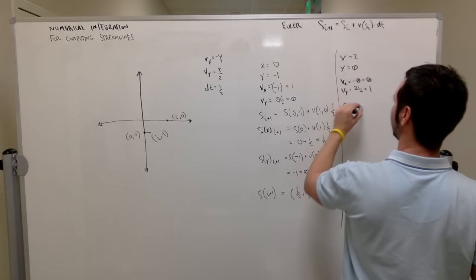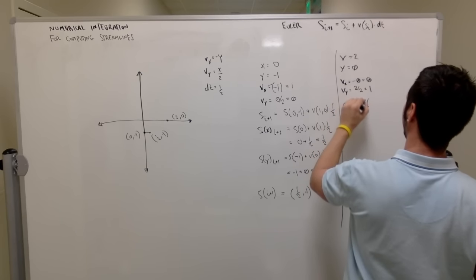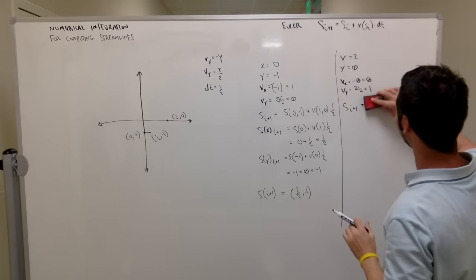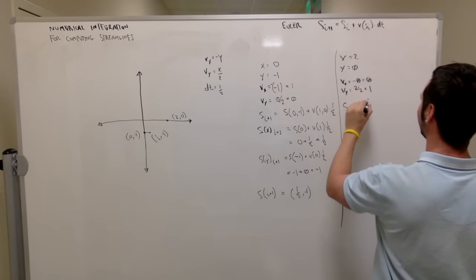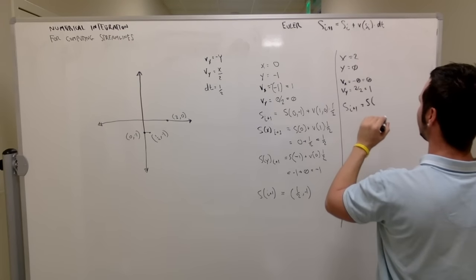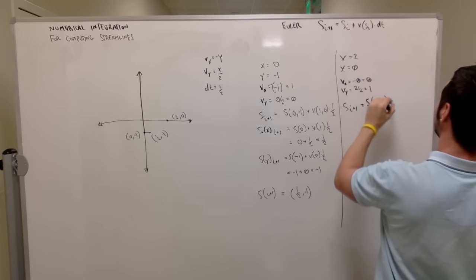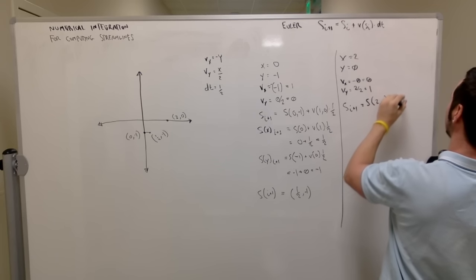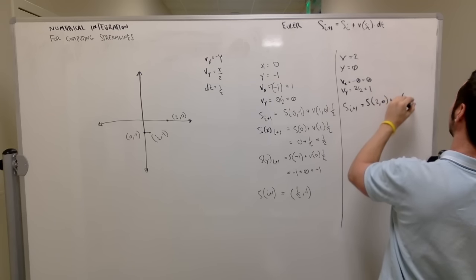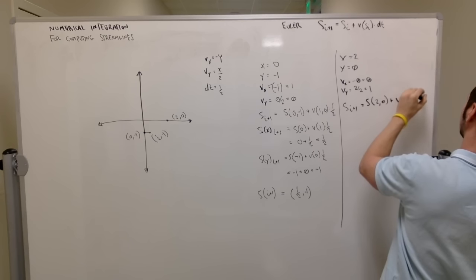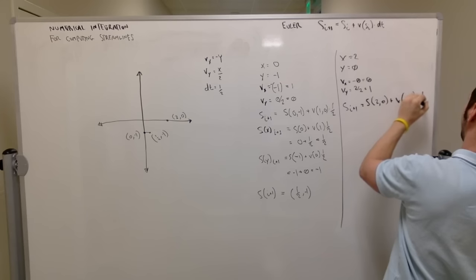S(i+1) equals S2, 0 plus the velocity 0, 1 times the dt, which stays the same, 1/2.